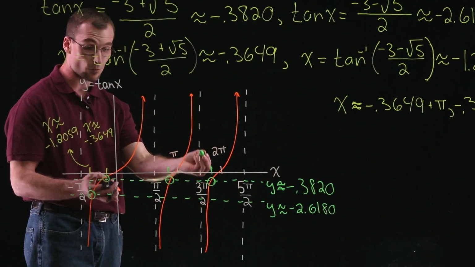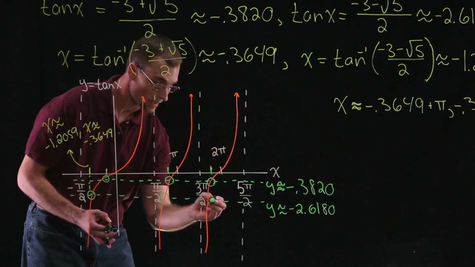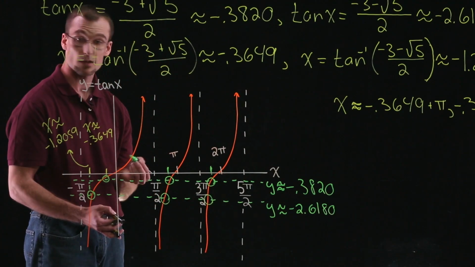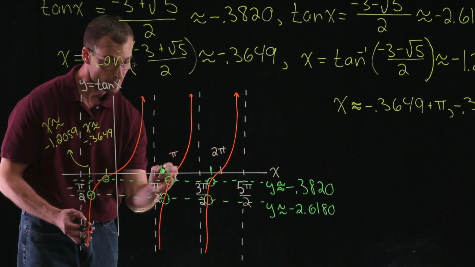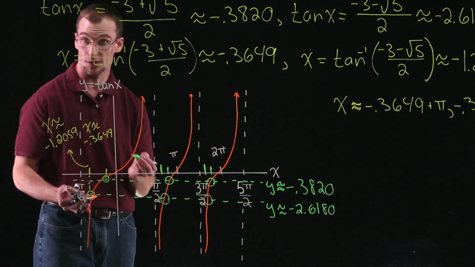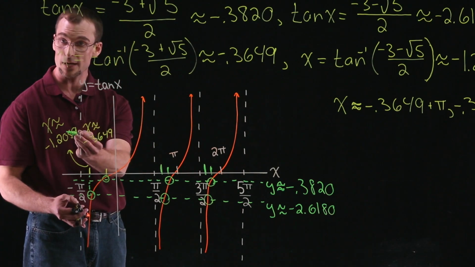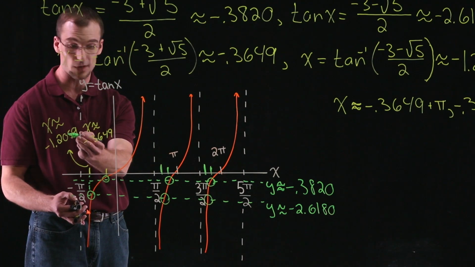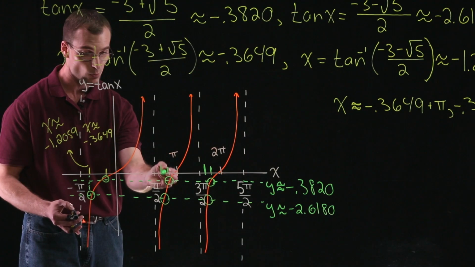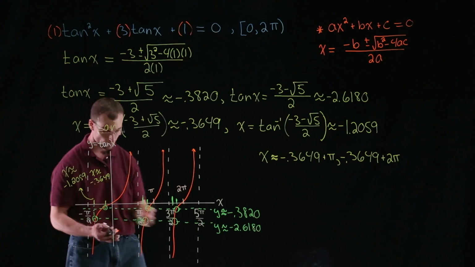Now, of course, looking in the interval from 0 to 2 pi, we have the y values here and here. And so what we care about is specifically the x values, which will give us those solutions. So once again, using the fact that the tangent function has period pi, if we take the value negative 1.2059 and add pi to it, we get the solution here. Add pi again, we get the solution here.